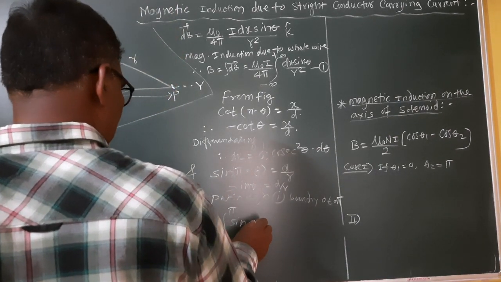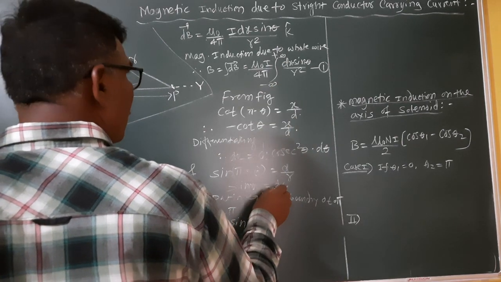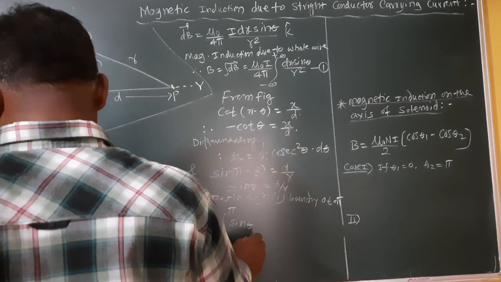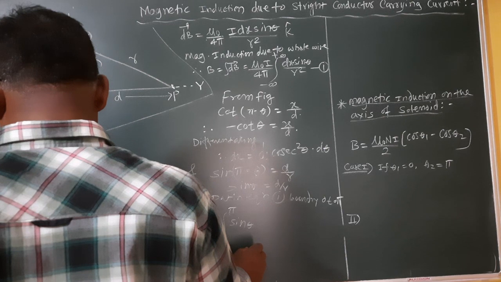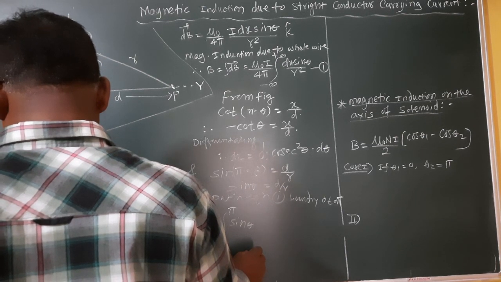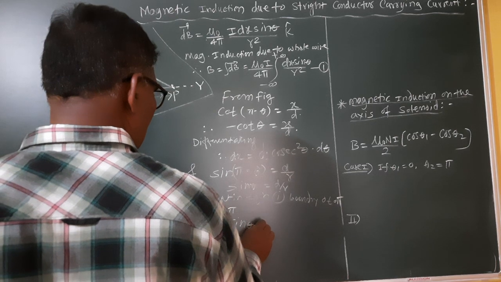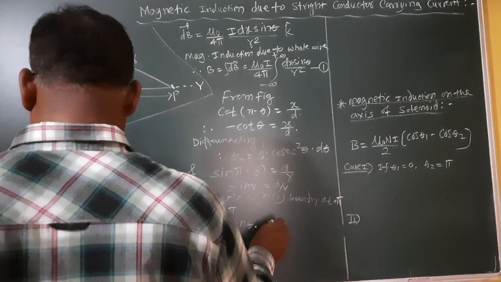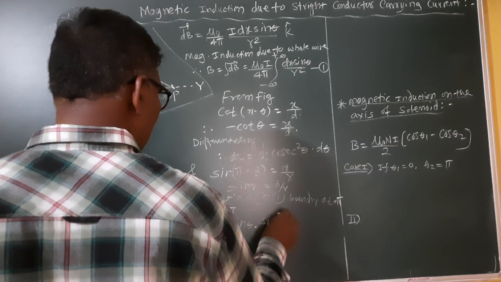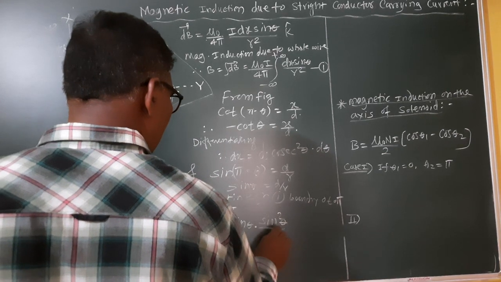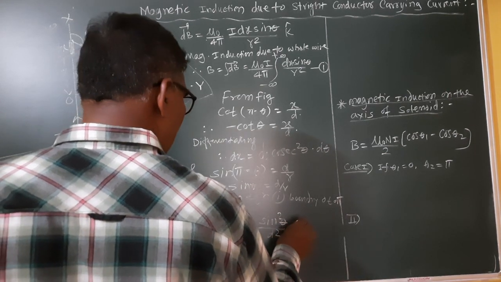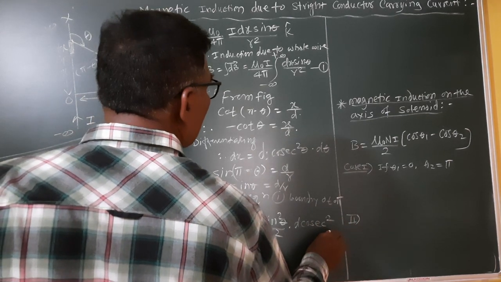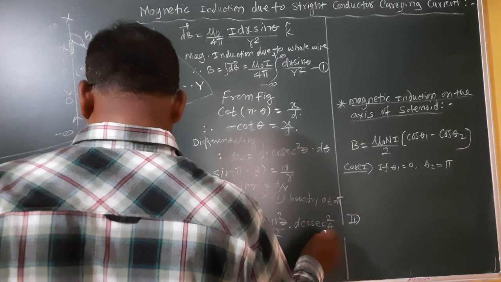Sin theta as it is, and here sin square theta divided by d square into d cosec square theta into d theta.